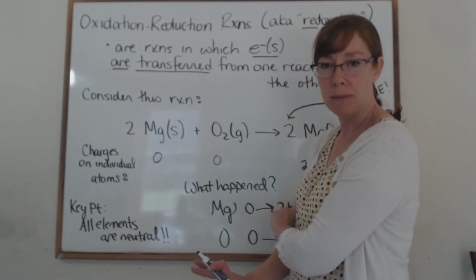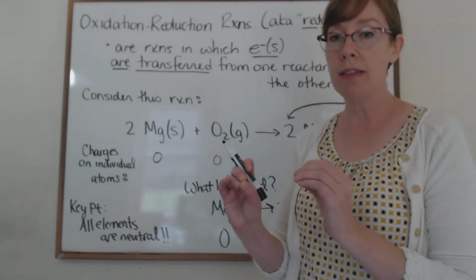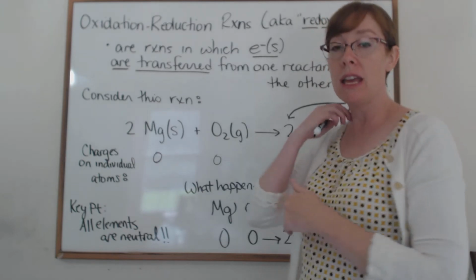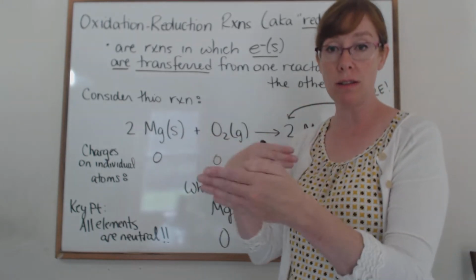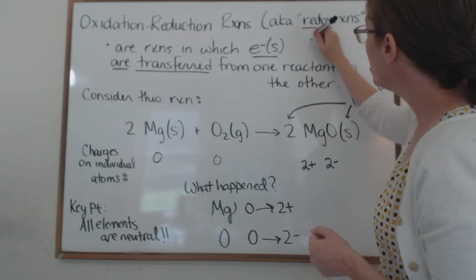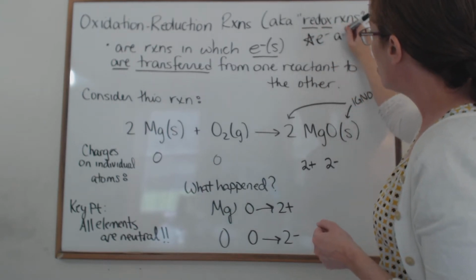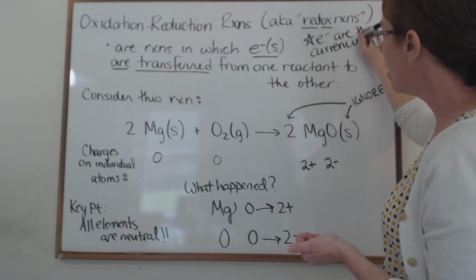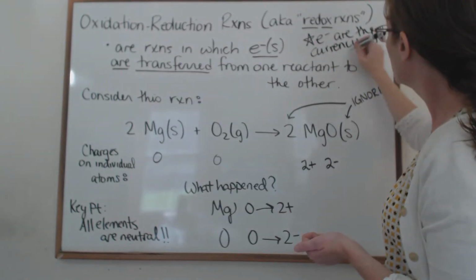That's a non-possibility. The only way that you change your charge during the course of a chemical reaction is to gain or lose electrons. That's the only currency. Electrons are the currency of chemistry. They're the only thing that can come and go to change your charge.